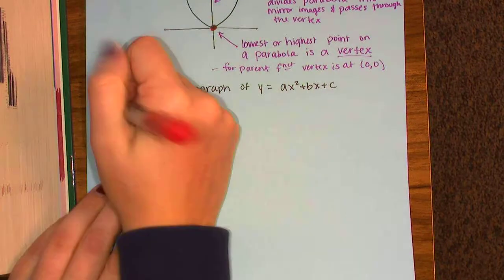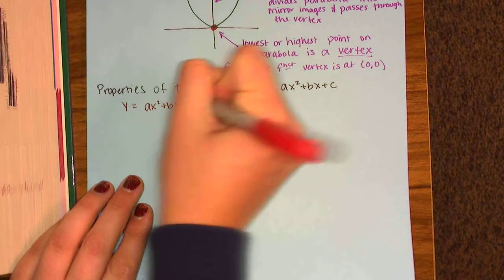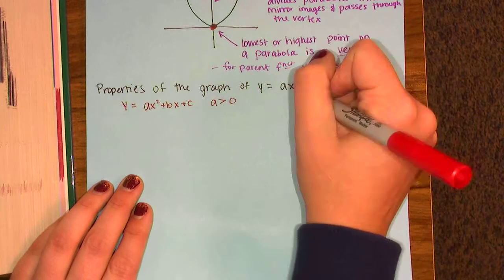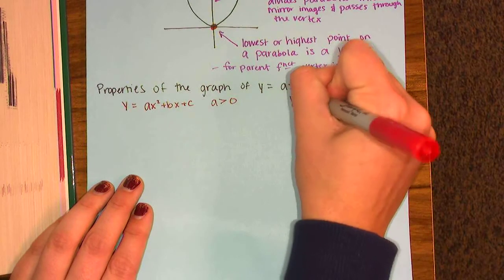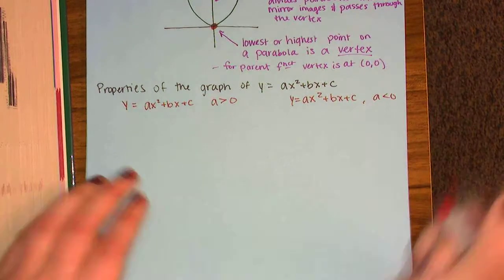This first one is y is equal to ax squared plus bx plus c for a greater than 0. The other one is y is equal to ax squared plus bx plus c for a less than 0.